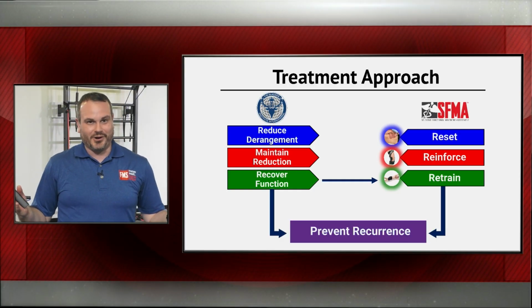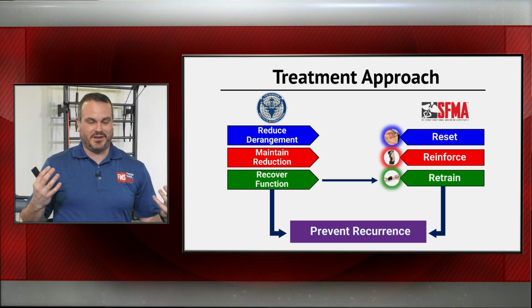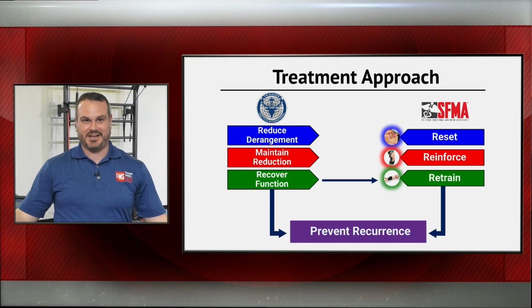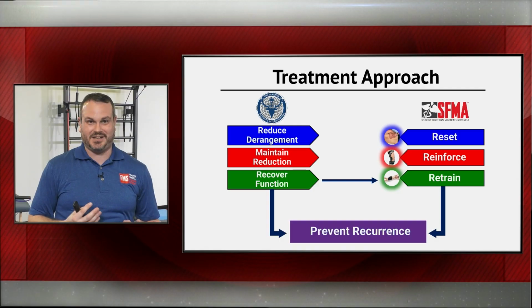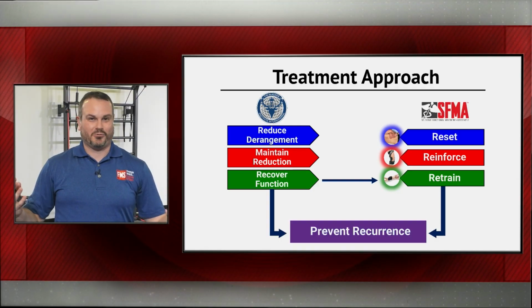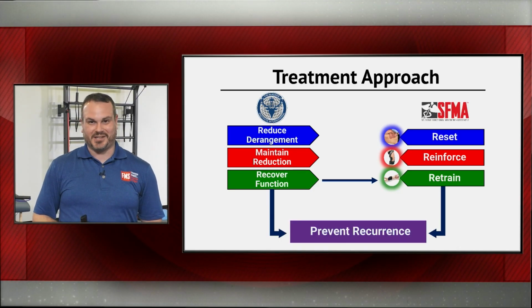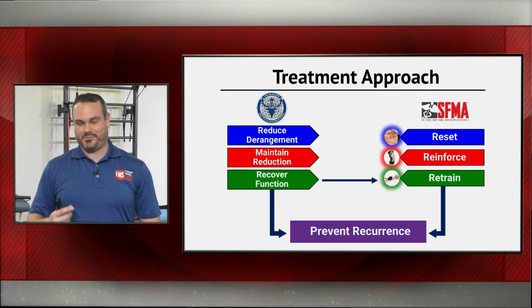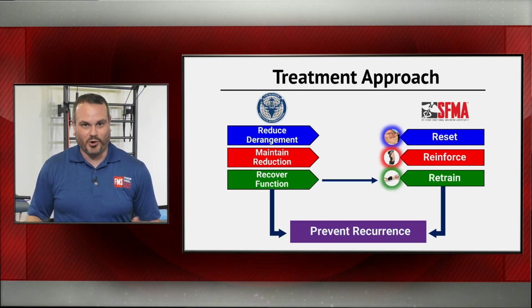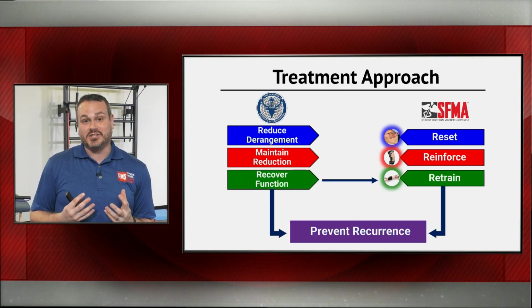And no different here. When I hear reduce derangement, I'm thinking about, oh, how can we reset the person? When I think about maintaining the reduction, I'm thinking about how can we reinforce this to maintain and protect the gains. When I think about recovery of function, I'm thinking about let's retrain them. And of course, we both love talking about preventing recurrence.